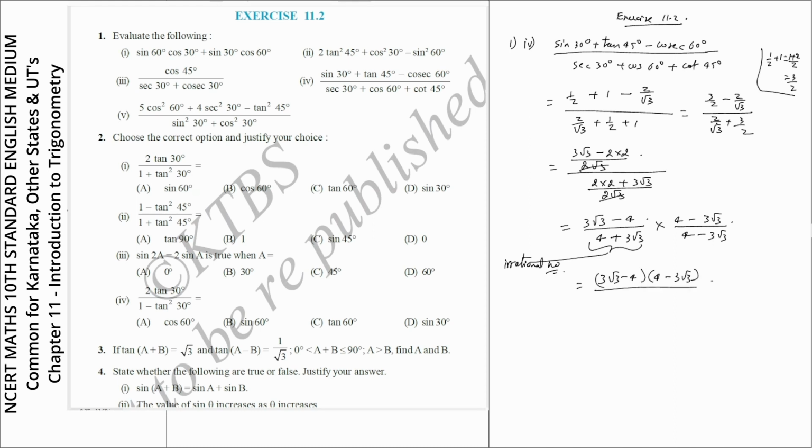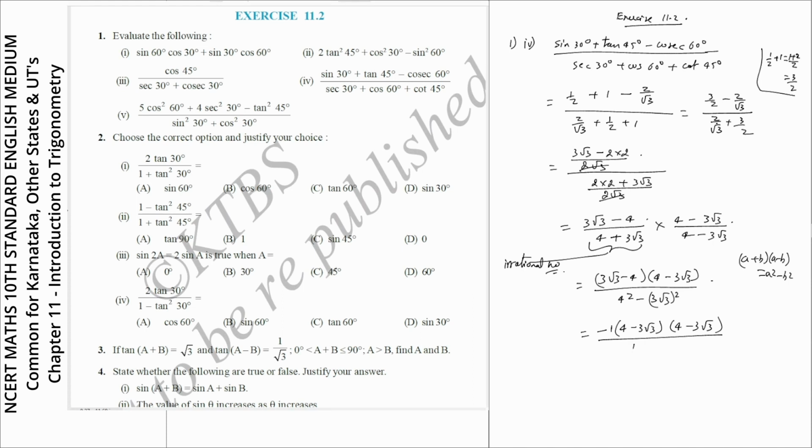So here in the denominator it is in the form of a plus b into a minus b is equal to a square minus b square. Therefore it is 4 square minus 3 root 3 the whole square. In the numerator I'll take minus 1 as common factor in the first term. So now it is 4 minus 3 root 3 into 4 minus 3 root 3. Only in the first term I have taken minus 1 as common factor.